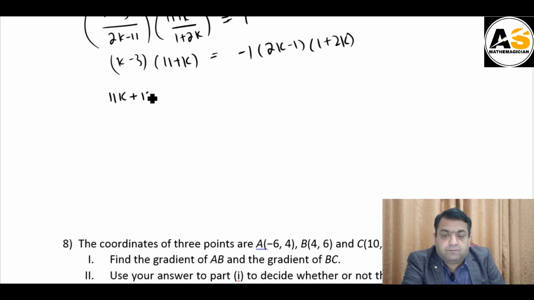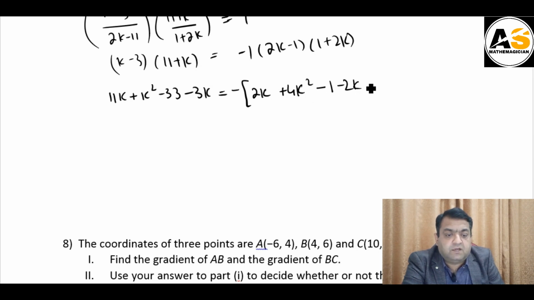11k plus k square minus 33 minus 3k is equal to 2k plus 4k square minus 11 minus 22k.